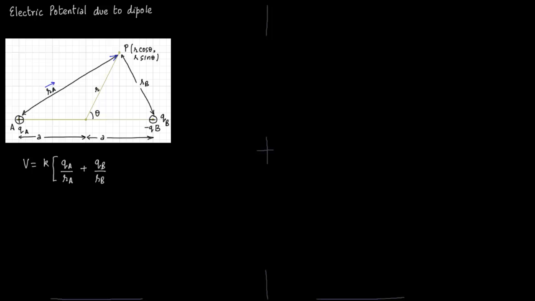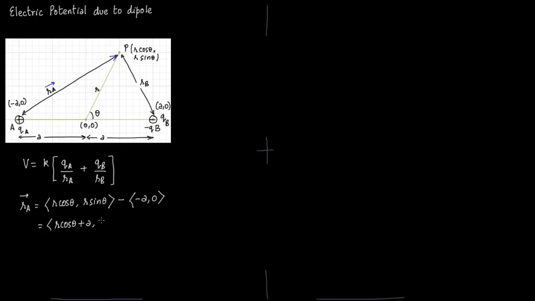Now we want to talk about RA as a vector, whereas earlier we were talking about RA as distance. The RA vector would be r cos theta, r sin theta minus the coordinates of point A. Now the origin is at the center, and therefore the coordinates of A are minus A, 0, and the coordinates of B are A, 0.